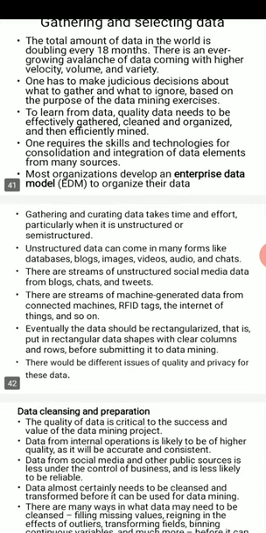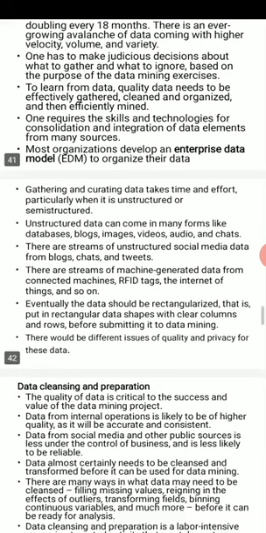Most organizations develop a model called an enterprise data model to organize their data. Gathering and curating data takes time and effort, particularly when it is unstructured or semi-structured. It is very difficult for us to gather data in the form of unstructured or semi-structured.